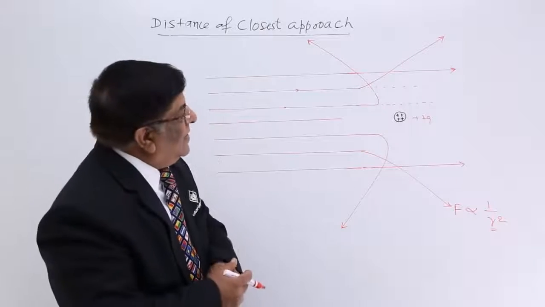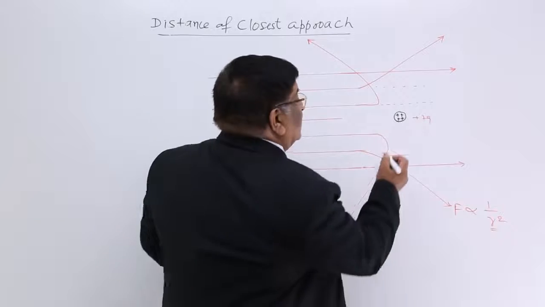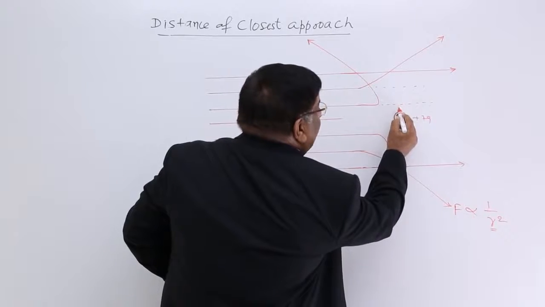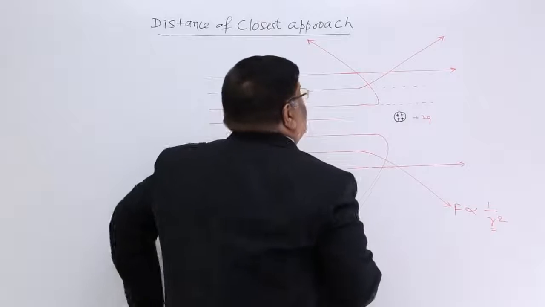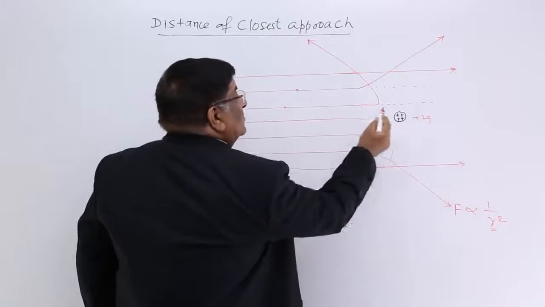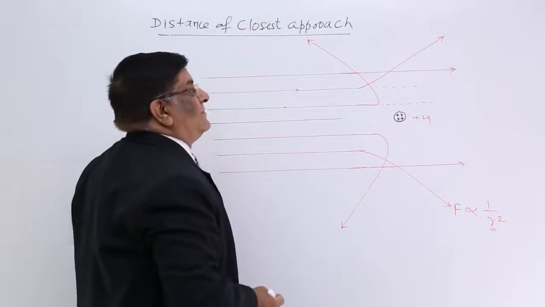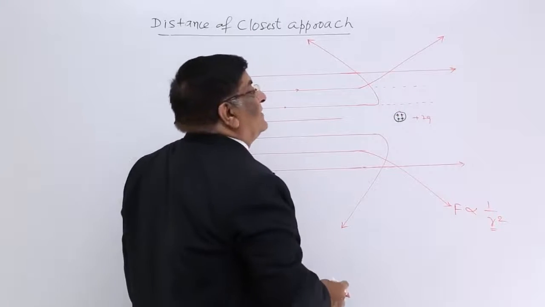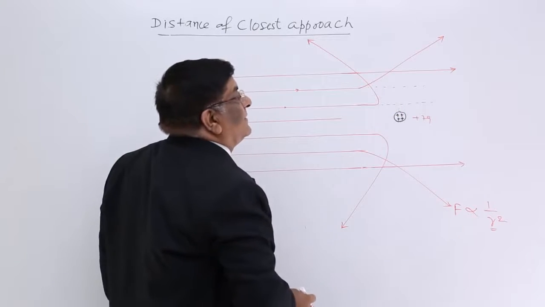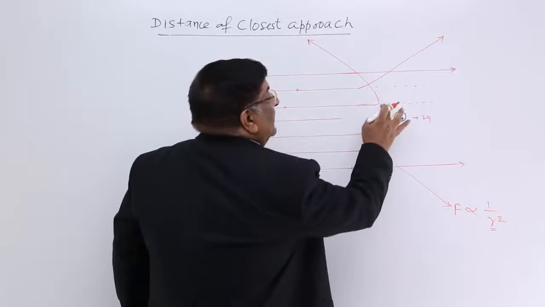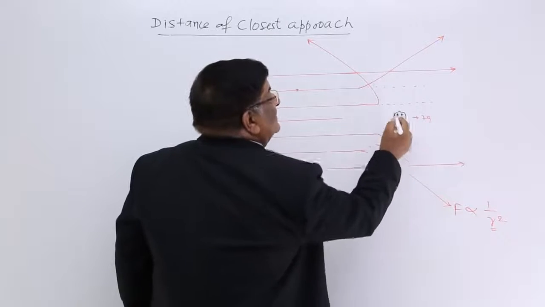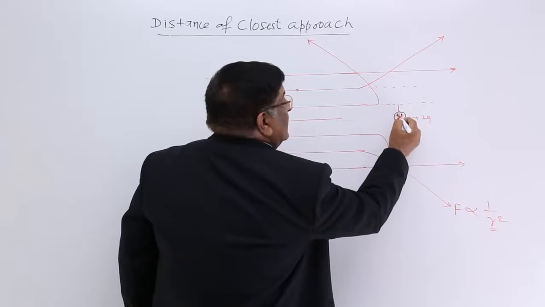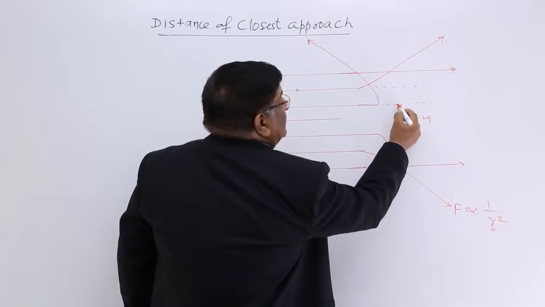Now, there is this distance which is affecting it. If it is going to make an impact with this, this is the distance. This distance is called parameter of impact or impact parameter. From this point to this point.